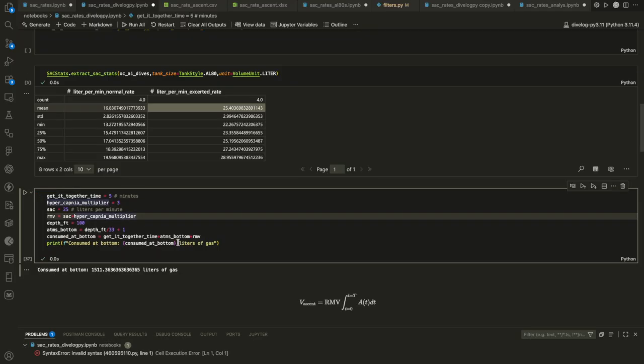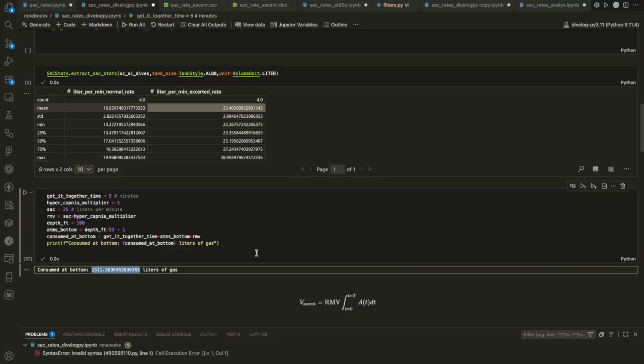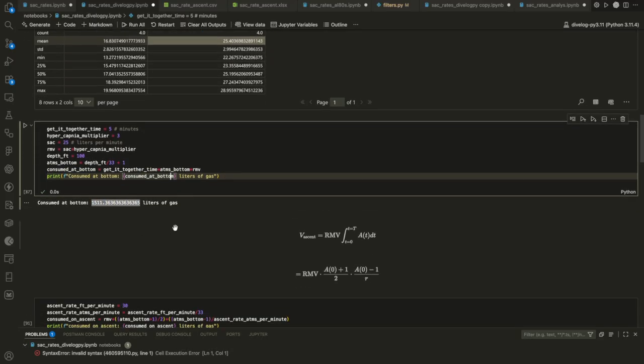Anyway, so if I just run the numbers here, you can see it's 1500 liters in those 5 minutes of getting it together, which is 2/3 of an aluminum 80. Let me just pause here and talk a little bit about this nice integral, since this is the quant diver. Basically, in this case, we're doing a constant rate of ascent, so there really isn't anything special going on here.